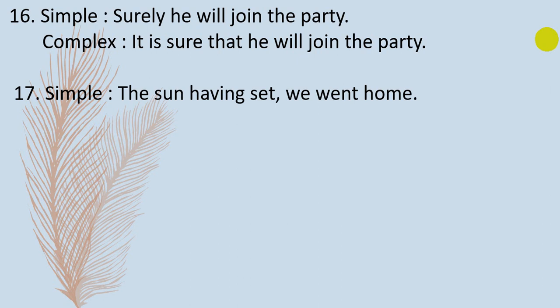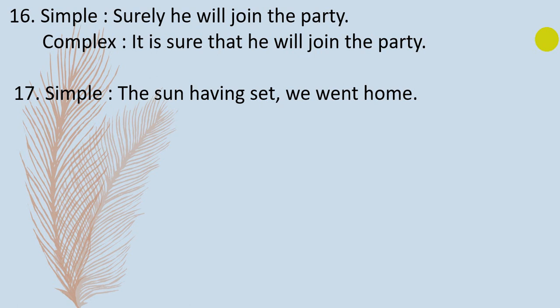Serial number 17, simple sentence. The sun having set, we went home. Rule: if the simple sentence is done by adding NP plus perfect participle, it will be transformed into complex by expanding the phrase into an adverbial clause. At first, we have to use subordinating conjunction when, since the phrase refers to time.